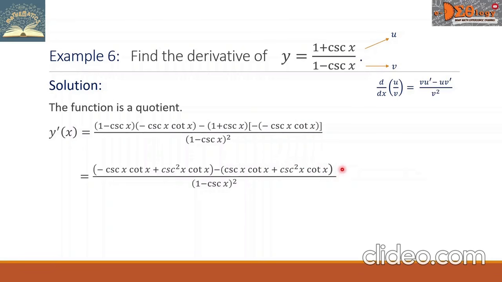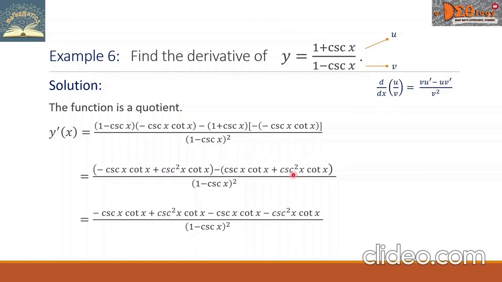Now, let us remove the grouping symbols respectively. In the first group, directly we can remove the grouping symbol. In the second group, because of this negative sign, we need to change the sign of all the terms inside the second group. So we have like this. Now simplifying further, let us combine like terms. Look at this positive cosecant square x cotangent x.